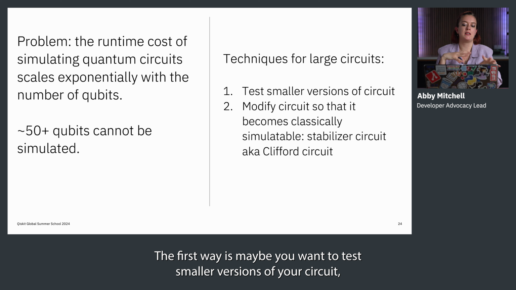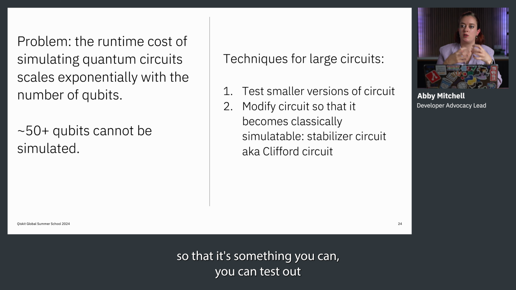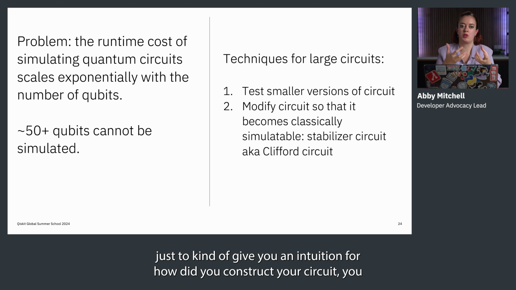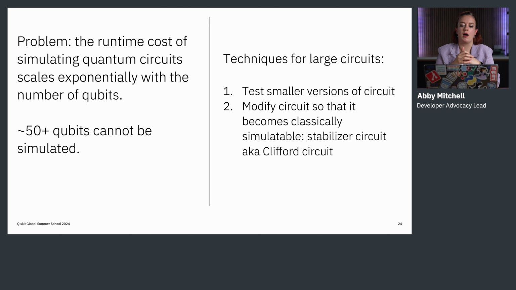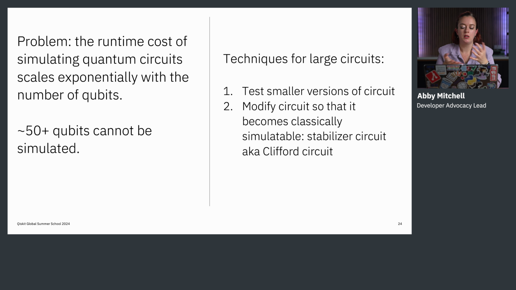The first way is maybe you want to test smaller versions of your circuit, break it up into chunks or simplify it so that it's something you can test out, just to give you an intuition for did you construct your circuit in the right way. Another option is changing the circuit to something that becomes classically simulatable.